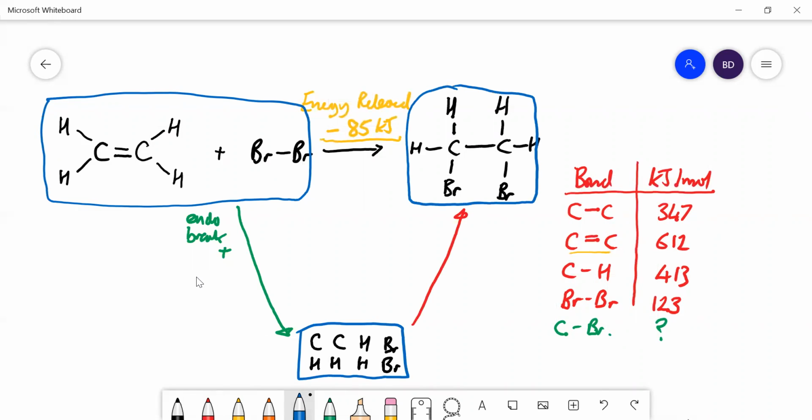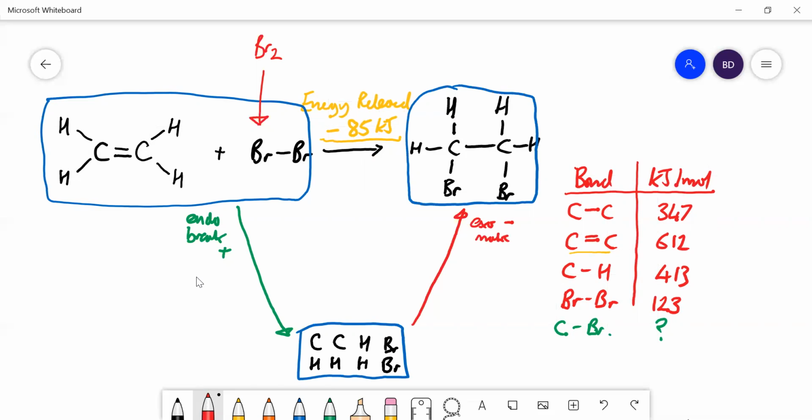This is actually the test for a double bond, isn't it? Because this stuff here is bromine, Br2, which is red, and a double bond will decolorize bromine water. Okay, so anyway, we're going to get energy out there, so that's exothermic, so these are all going to be negative values, so we're making bonds.